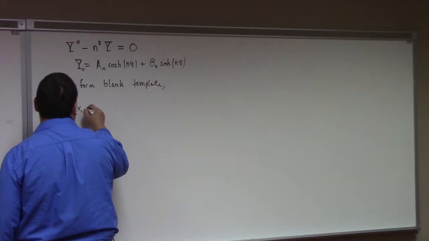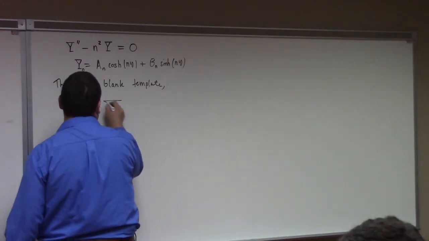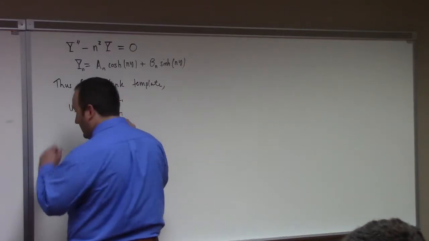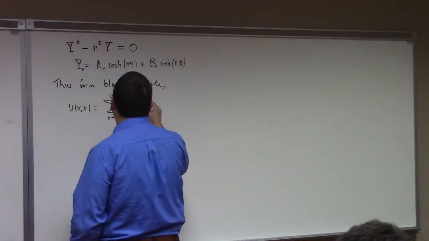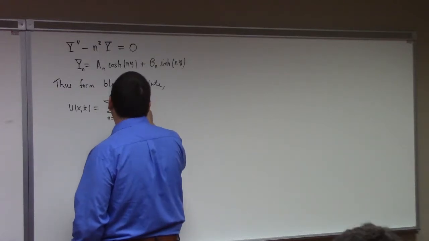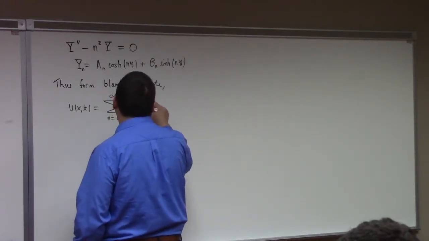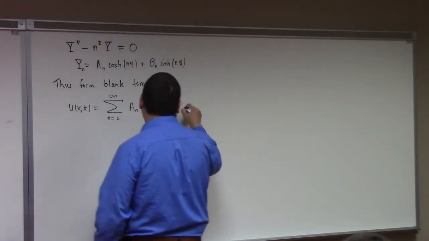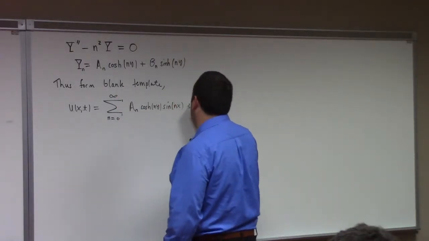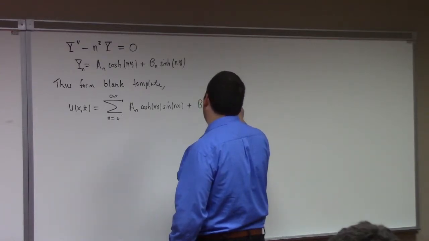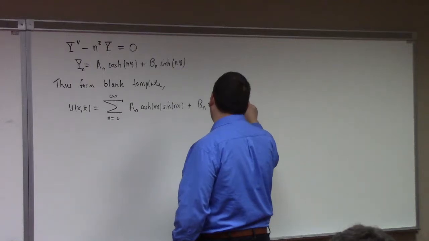U of x, y equal to the sum n equals 0 to infinity of a sub n cosh ny sine nx plus b sub n sinh ny sine nx.